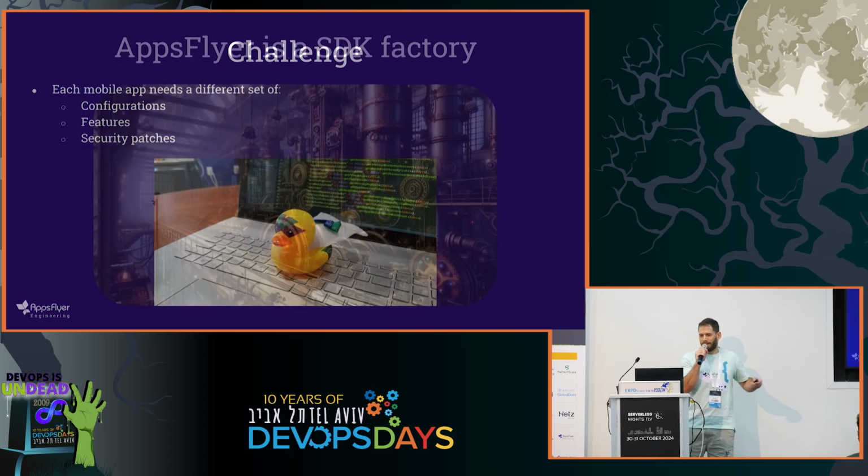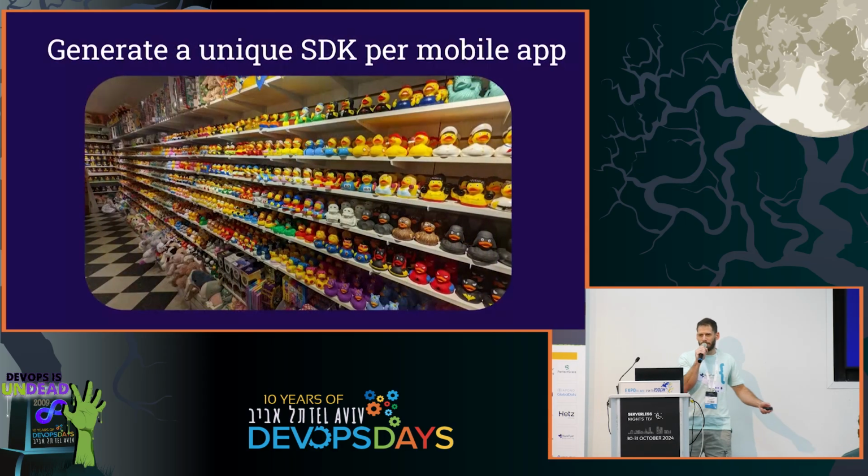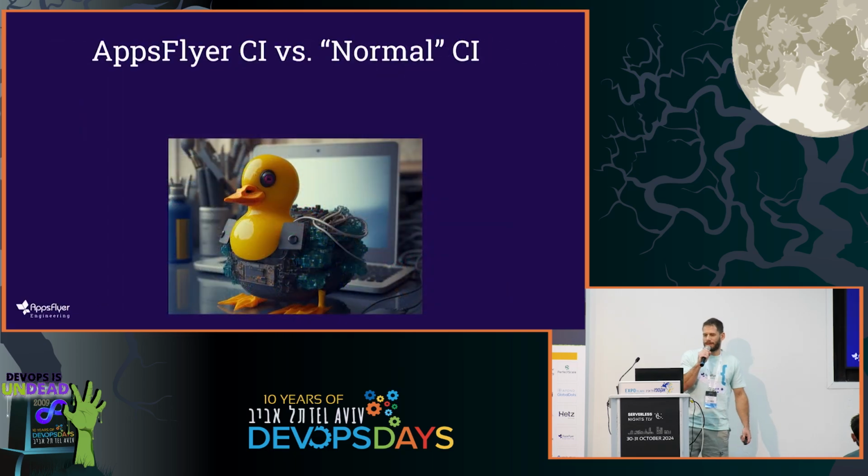So think of AppsFlyer like an SDK factory. We would like to generate a unique SDK per mobile app. So we would like to provide a customized and optimized SDK for each app, exactly like these many unique duck debuggers in the store. To emphasize this more, what's the difference between AppsFlyer CI and a normal CI?